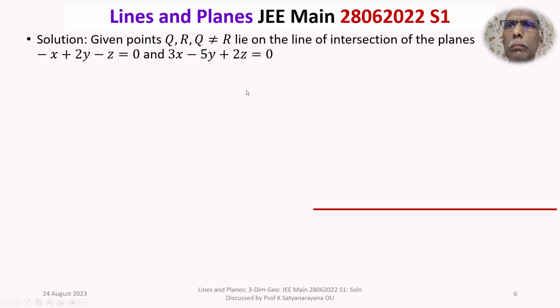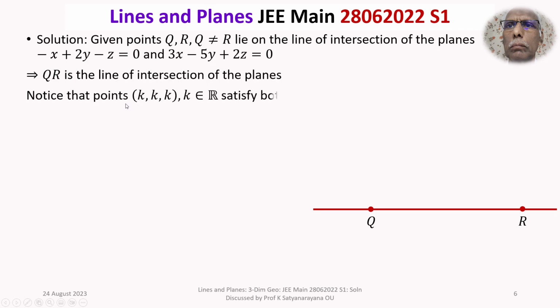And on it, Q and R are two distinct points. This implies QR is the line which is the intersection of these two planes.